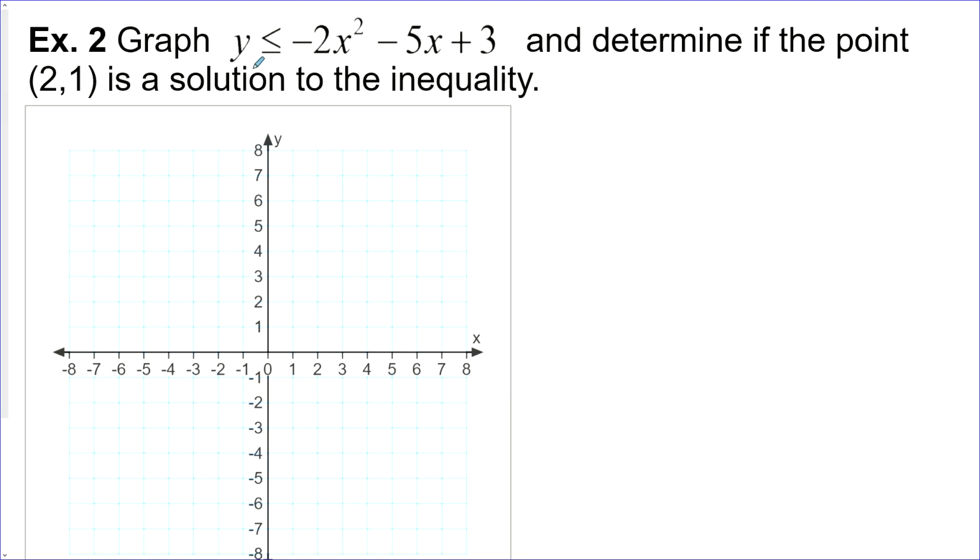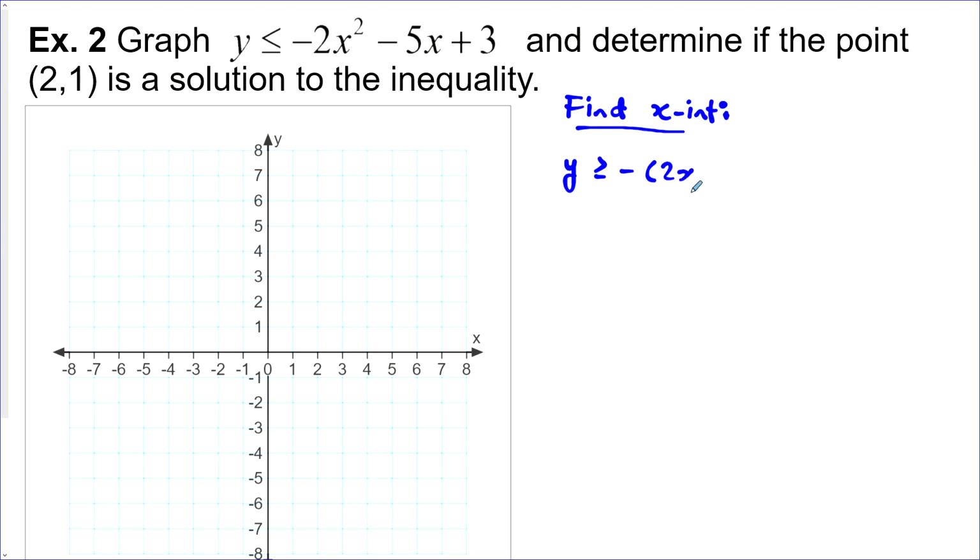Example 2, we want to graph y is less than or equal to negative 2x squared minus 5x plus 3. Now this is a similar quadratic to what we had in the warm-up. So when we find the vertex, I'm just going to take it from there. Find the x-intercepts, we could do that by factoring this again.